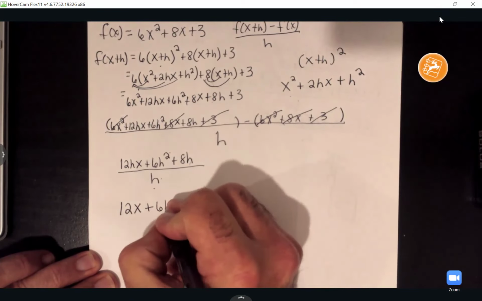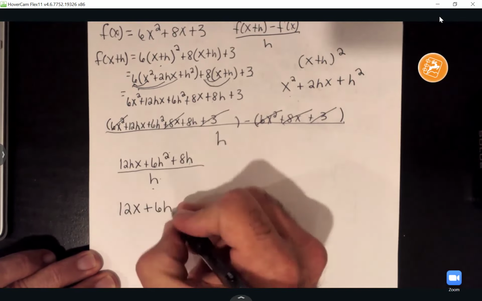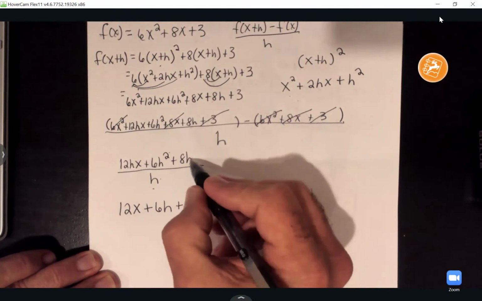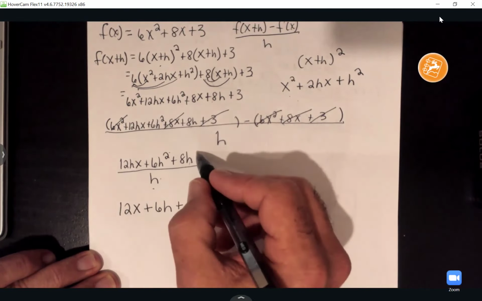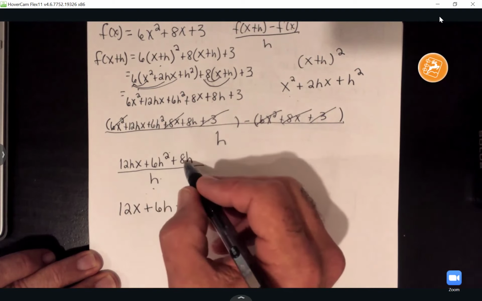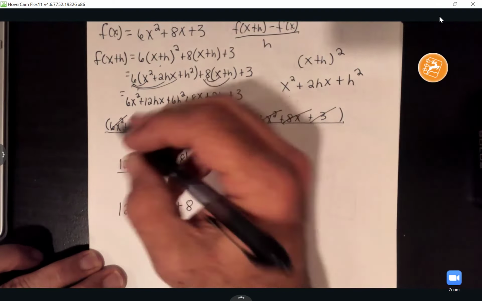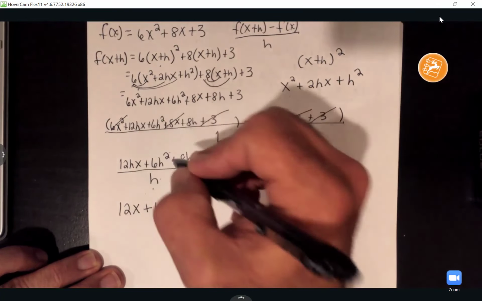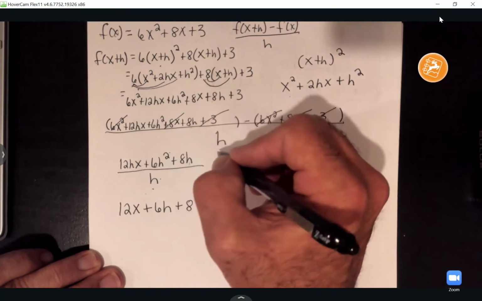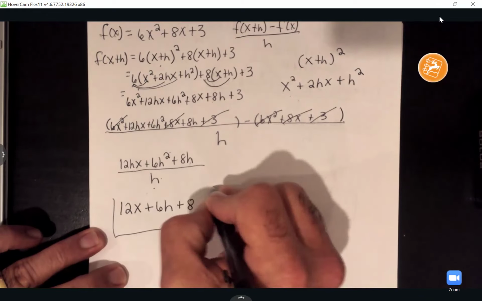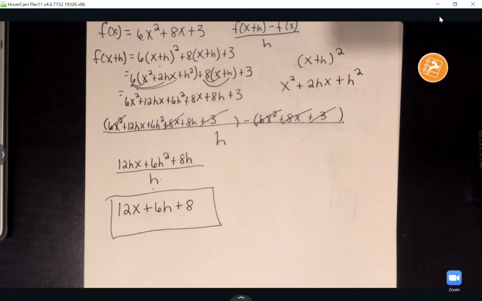So that's going to leave you a 6h. And then y'all look at the end, 8h over h. That h would cancel, leaving me my plus 8. So basically, you're removing 1 h out of everything on top. And then at this point, your final answer.